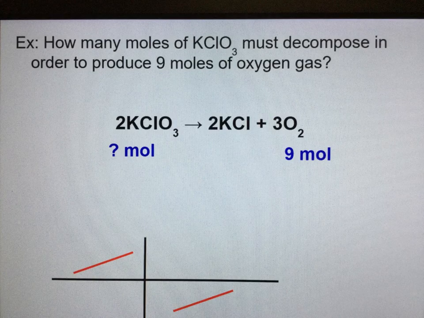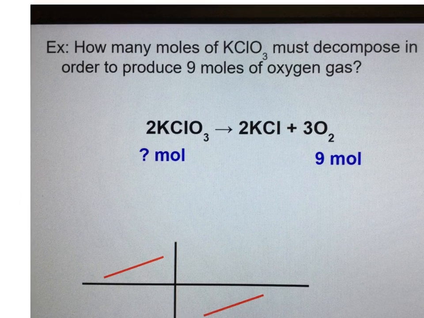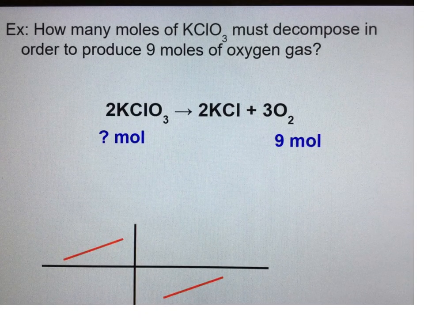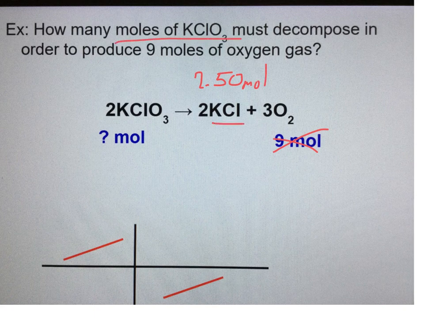Okay, so let's use the same equation, but instead of having a given of 9 moles, let's do KCl. What if I had 7.50 moles of KCl? And let's still look for the moles of KClO3.